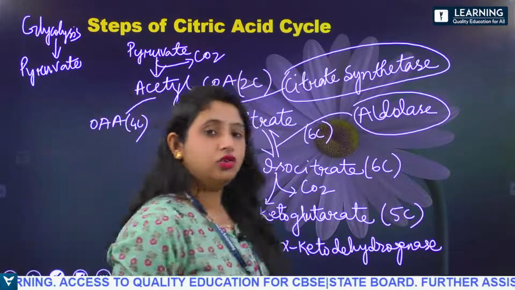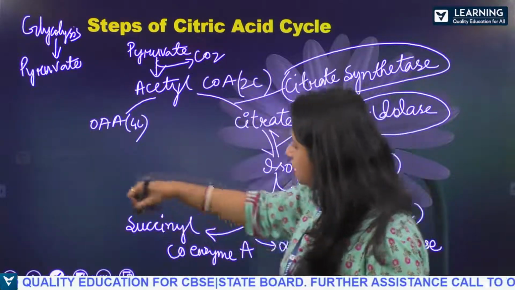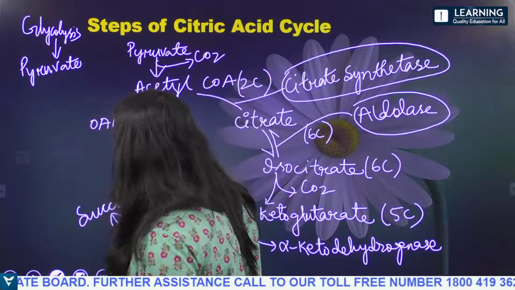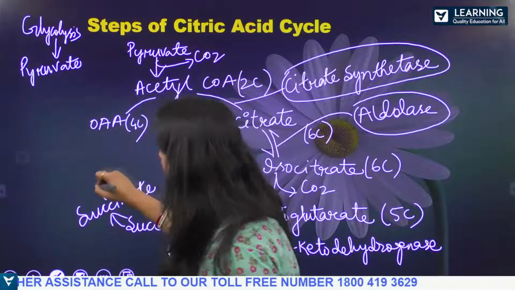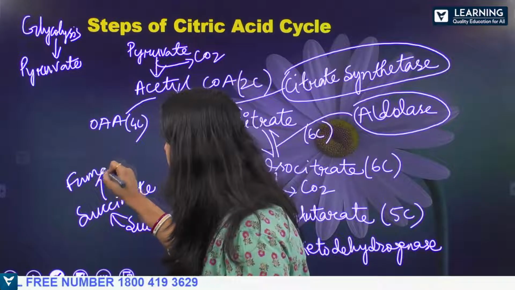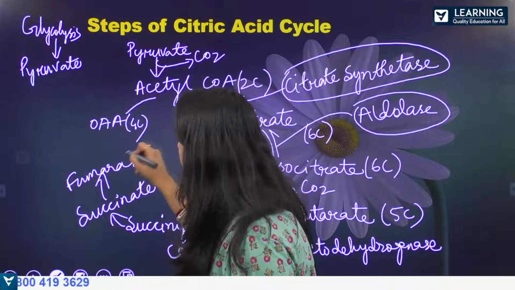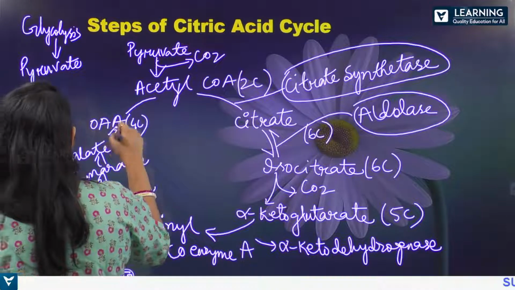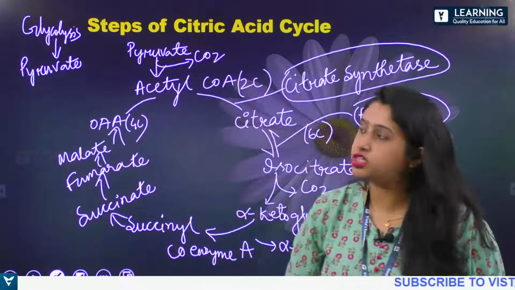Now further, the succinyl coenzyme A gets converted into succinate. Now the succinate gets oxidized into fumarate. Now from fumarate it forms malate, and again oxaloacetic acid is regenerated.